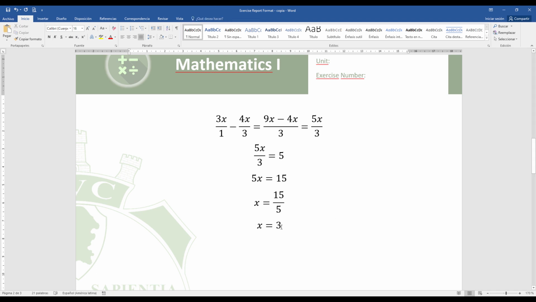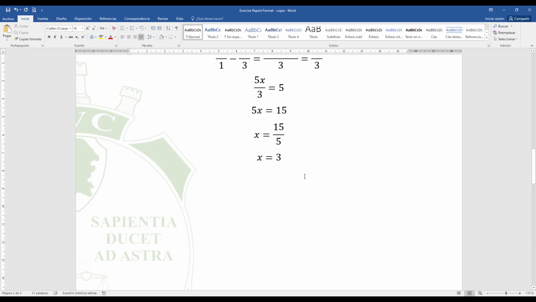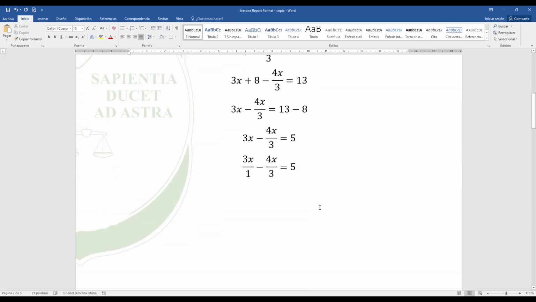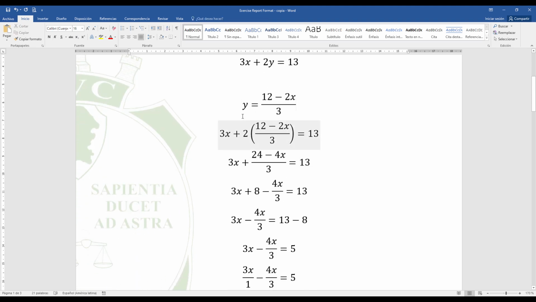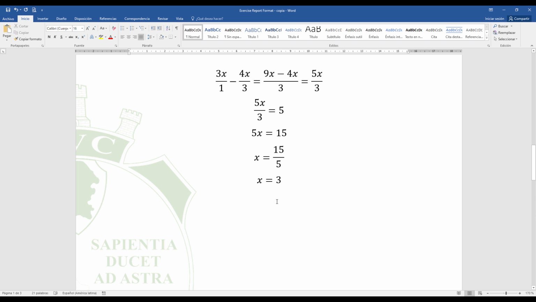Now if you get that value, you can replace it. For example, I will use that expression where I isolated the y, because it is alone. So I will use the value 3.